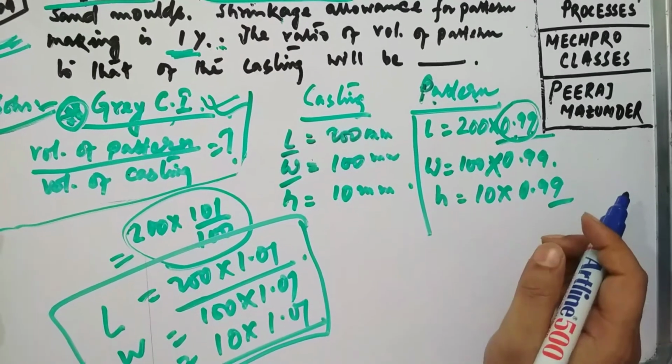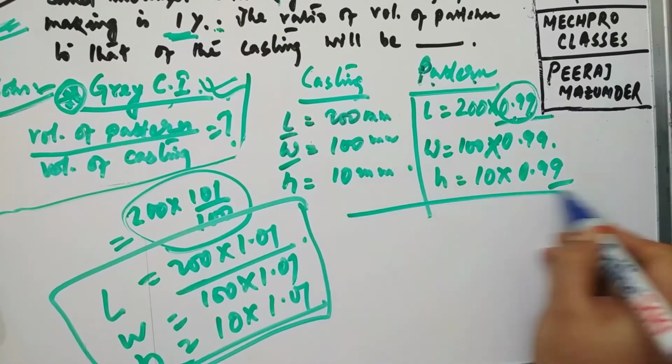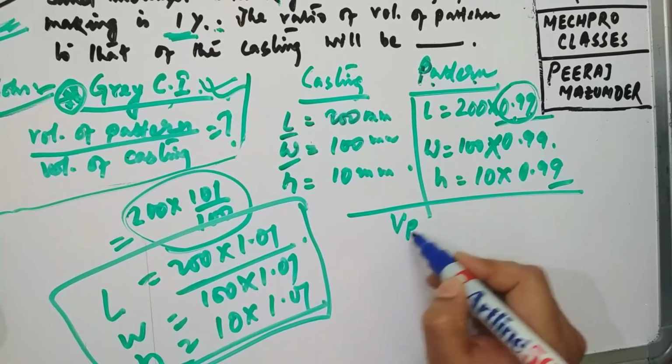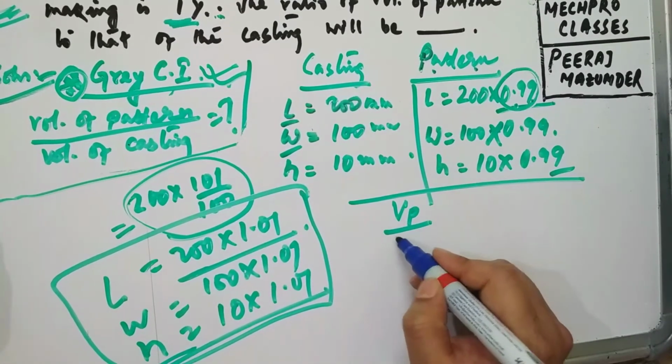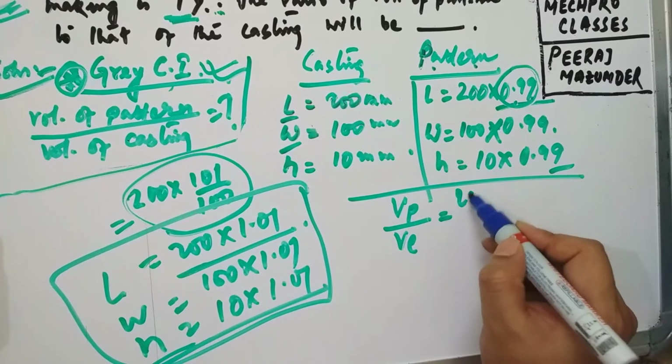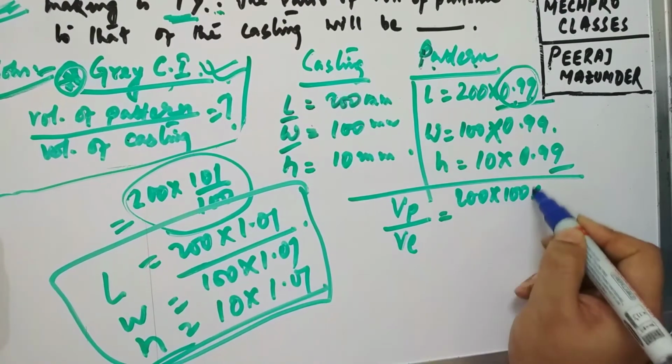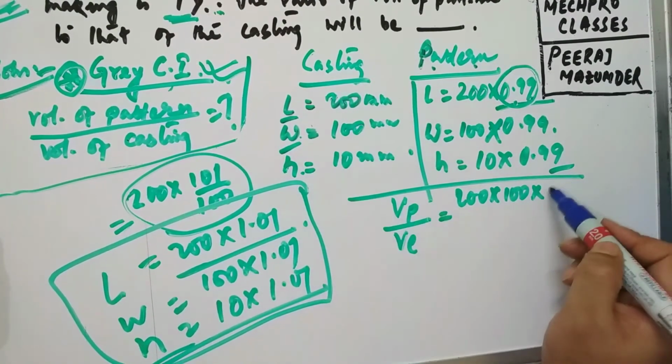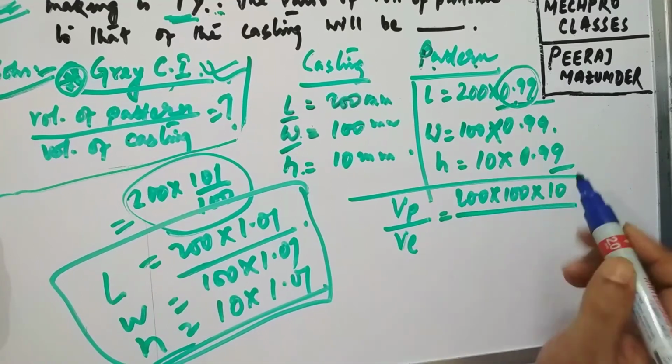Now we have to calculate VP, say VP is the volume of the pattern, and VC is the volume of casting. So volume of pattern you can write as 200 into 100 into 10, length, width and height, you have to simply multiply, by VC.